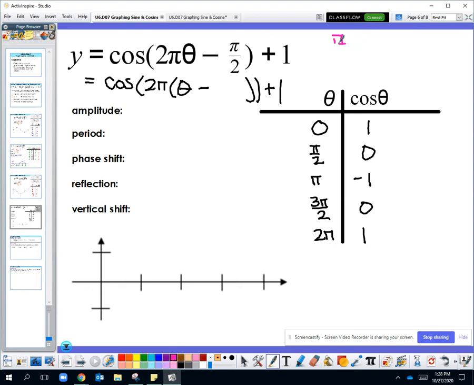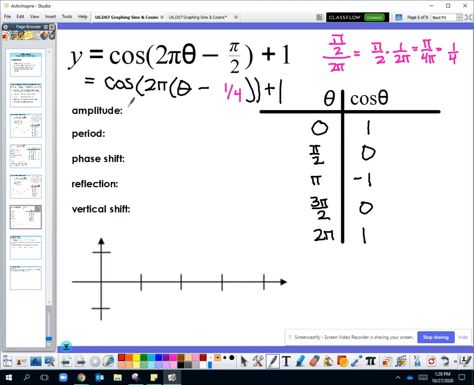So I would take pi over 2 and divide 2 pi out of it. That's the same thing as saying pi over 2 multiplied by the reciprocal, 1 over 2 pi. So I would get pi over 4 pi, and my pi's cancel out, and I get 1/4. So that's the value I can put in right here.